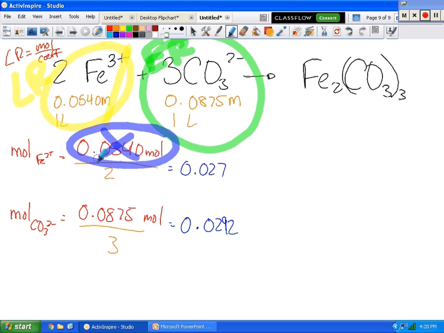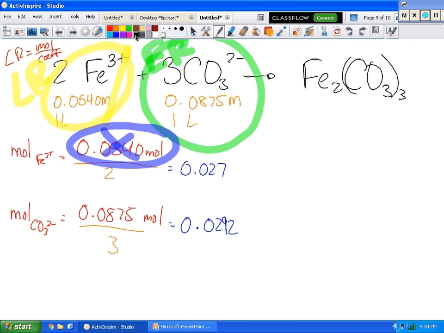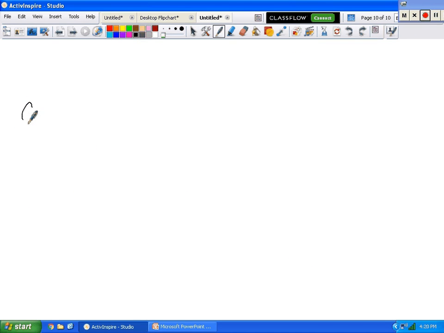I'm going to have to actually go back and look at it. So 0.054 moles of Fe3+. And I've got to convert it to moles of carbonate, right? So I've got moles of Fe3+, and I'm going to convert it to moles of CO3 2-. This is really easy.